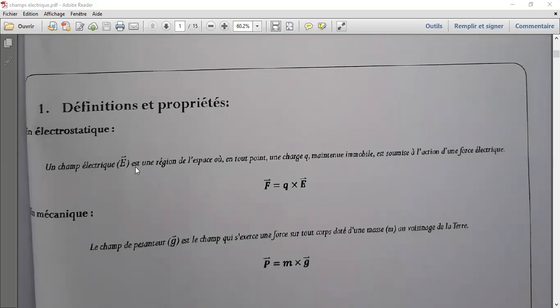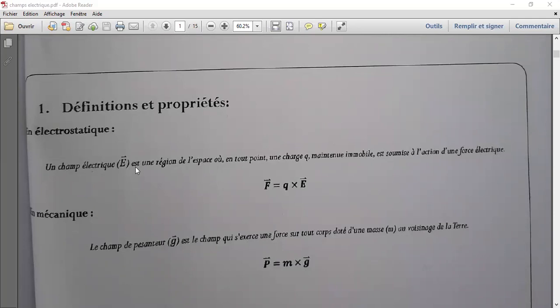So basically, when we're talking about the champ electric, we're calculating the force. We're only going to calculate the force for one charged particle, the particle which is causing that force, because this charged particle is the one which is creating a champ electric.